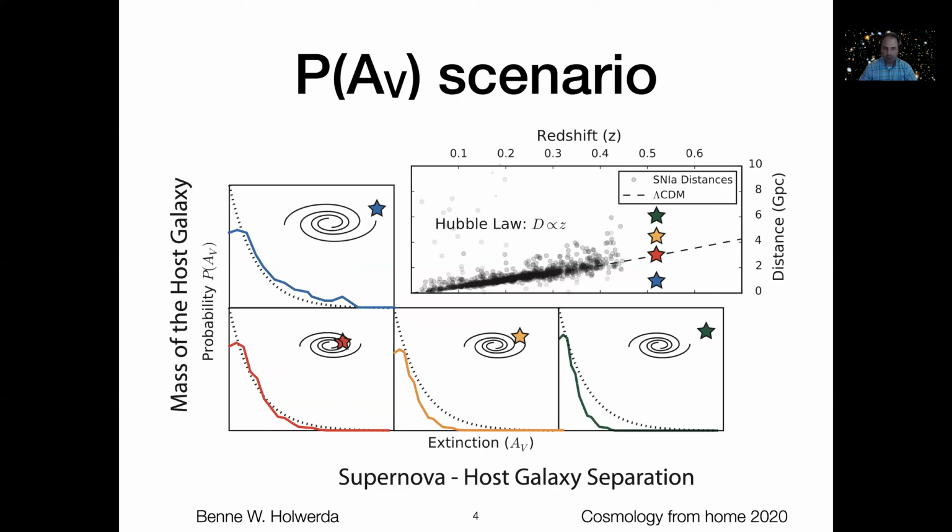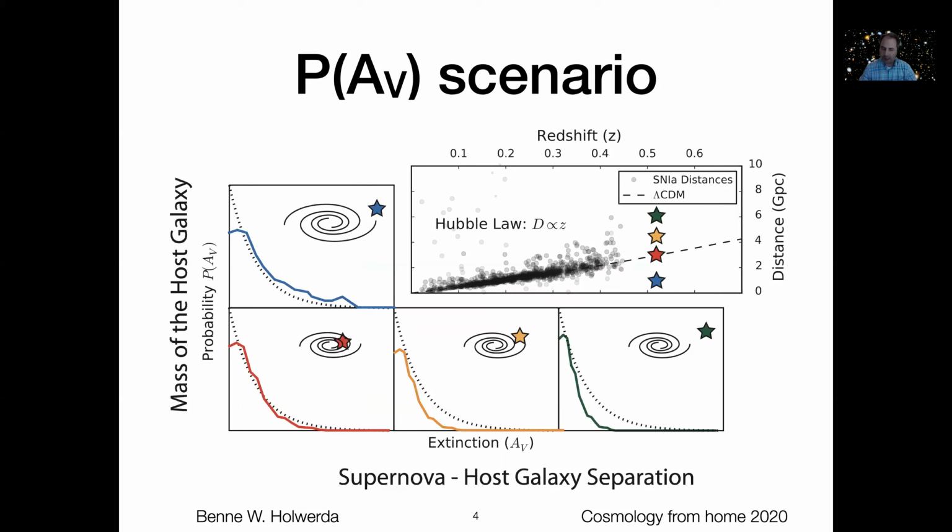So suppose you're the red supernova, you're in a typical galaxy, and the probability function that you actually follow is pretty close to the exponential drop-off. You're going to fall right on the Hubble law, the Hubble diagram in the top right corner. Your distance is going to be correct, and therefore it's going to be at the right redshift distance point.